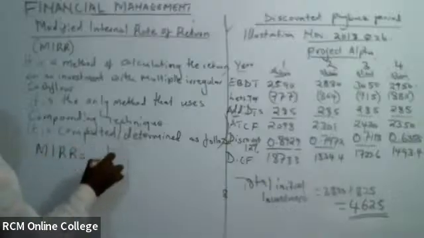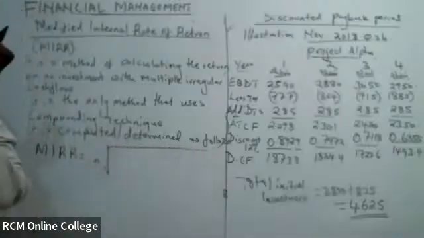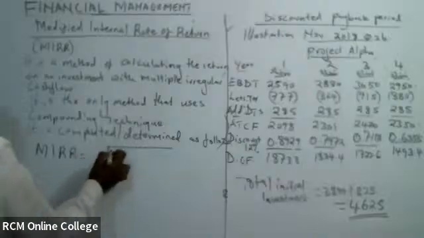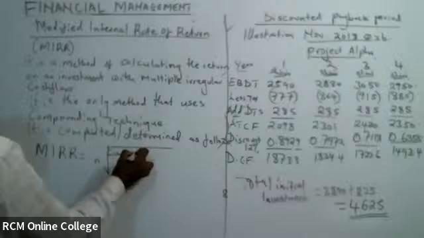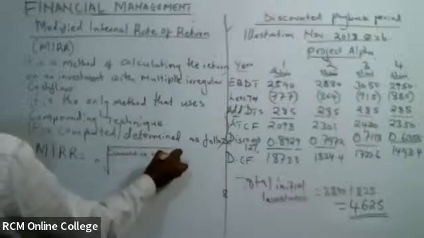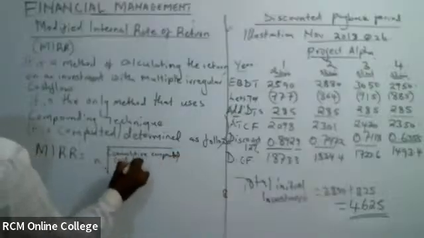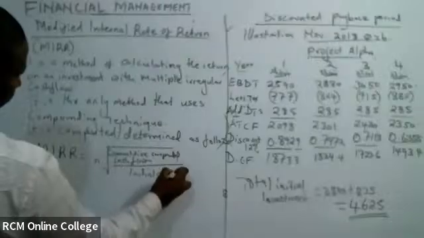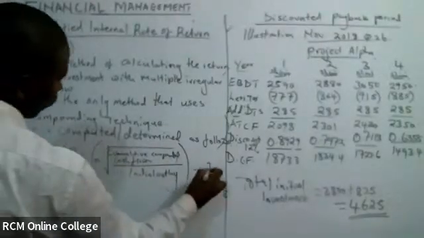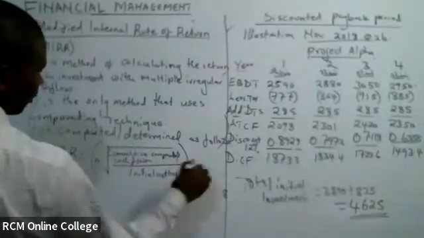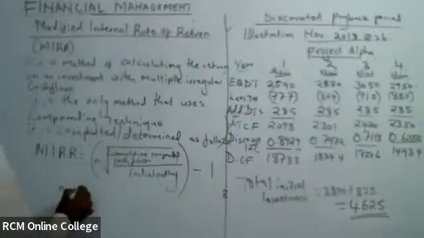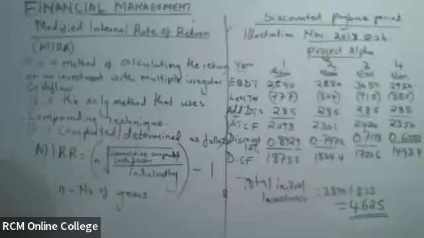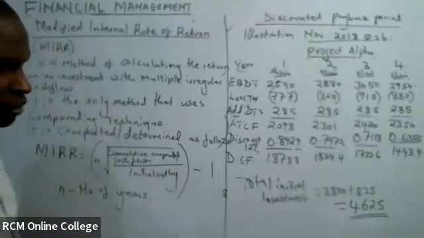It's given by the nth root of the cumulative compounded cash flow divided by the initial outlay, the whole of that minus 1, where n is the number of years.